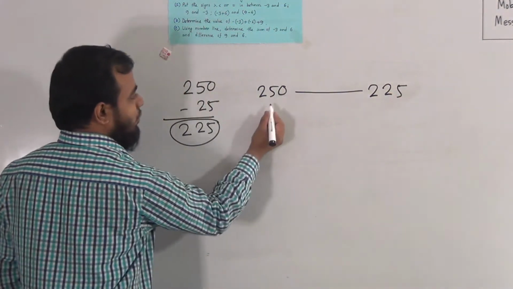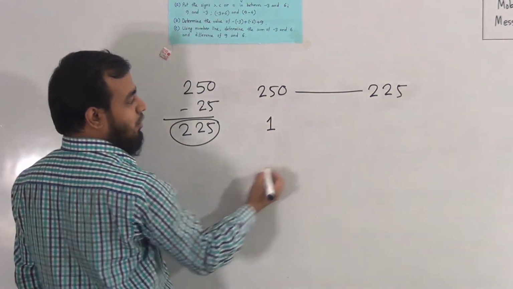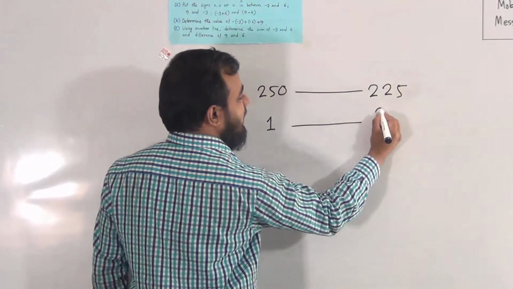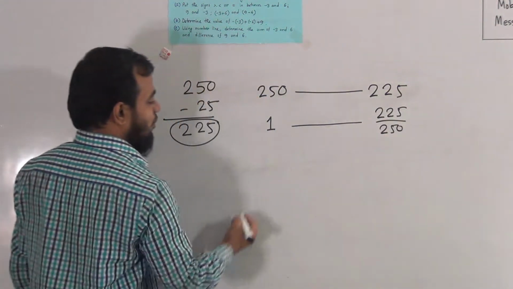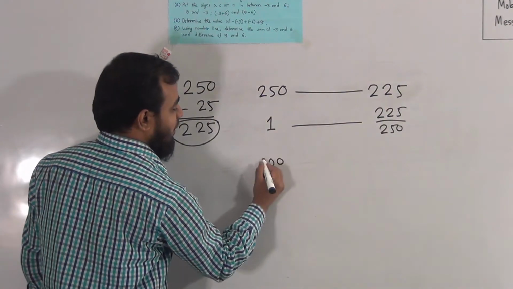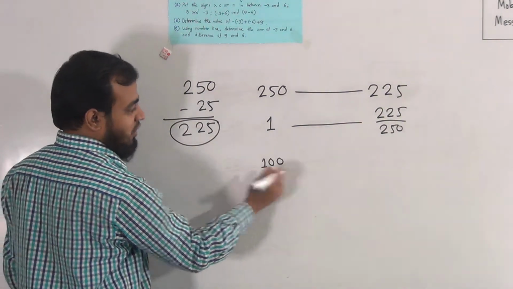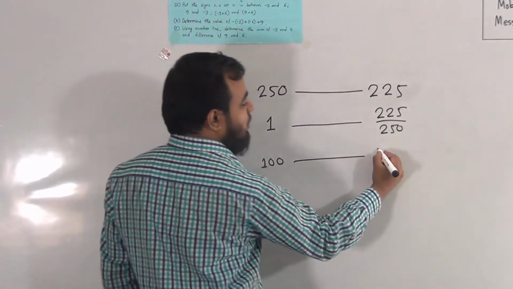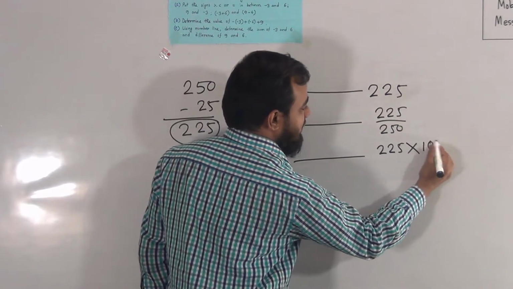So by the unitary method, out of one mango, how many mangoes are quite good? It's 225 by 250. Now out of 100, we have to find how many mangoes are quite good.